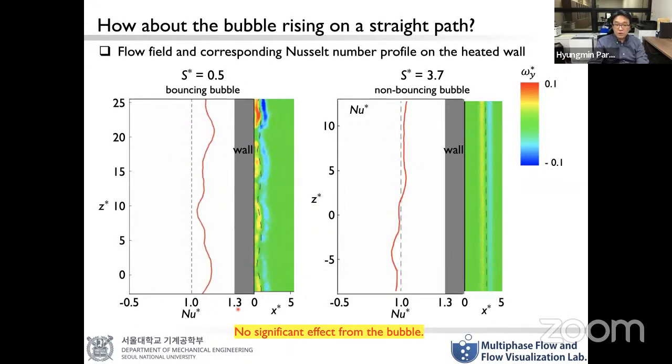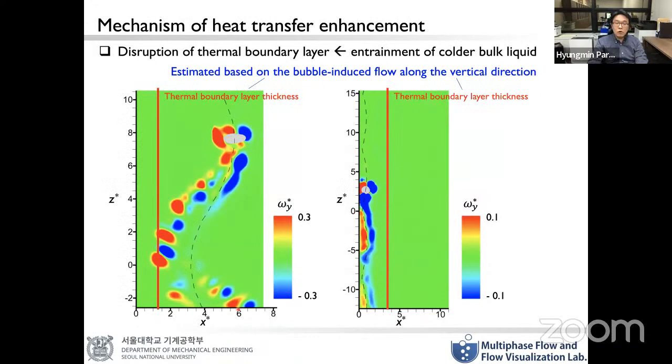So we wanted to find out why this happens. We estimated the thermal boundary layer on the heated wall, and we found out that for the zigzagging bubble, the bubble-induced flow tends to bring the cold water from the bulk to the wall. That means it disturbs the thermal boundary layer.